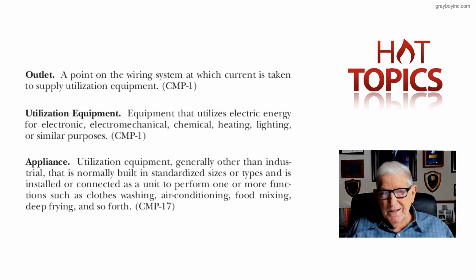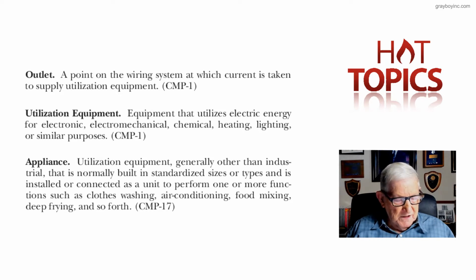And basically, appliance is defined as utilization equipment, generally other than industrial, that is normally built in standardized sizes or types, and is installed or connected as a unit to perform one or more functions such as clothes washing, air conditioning, food mixing, deep frying, and so forth.